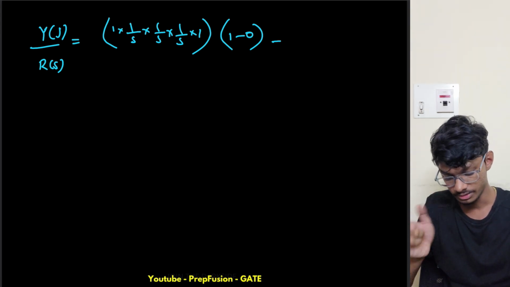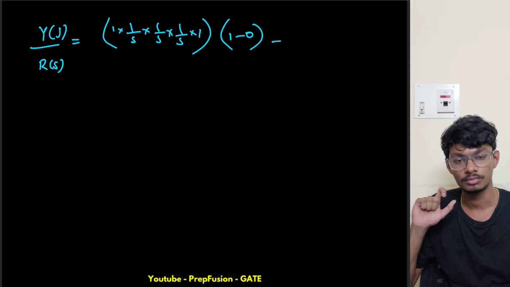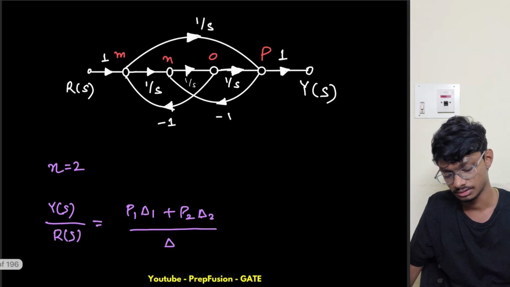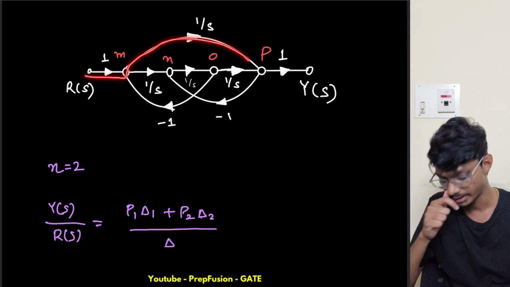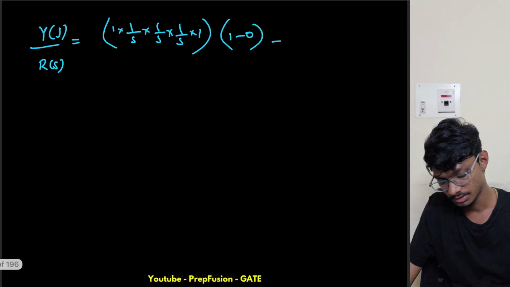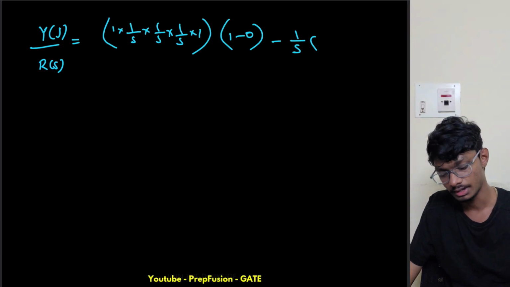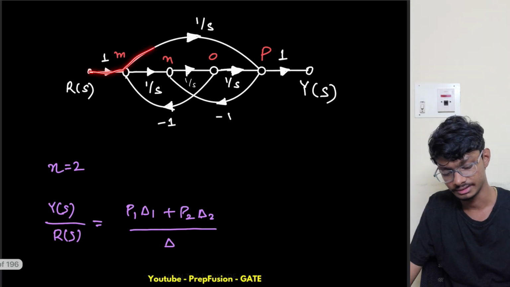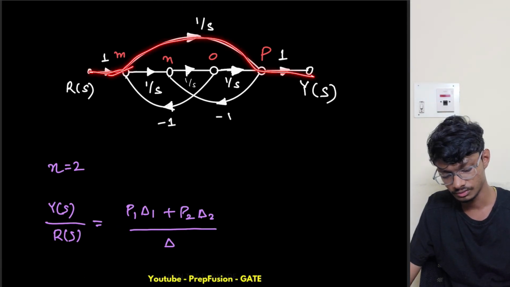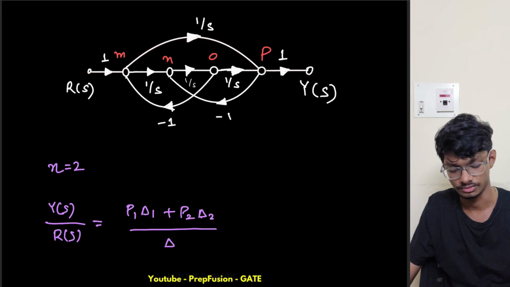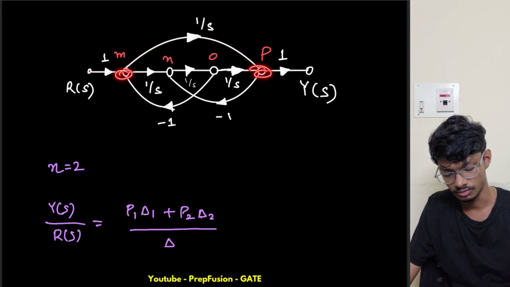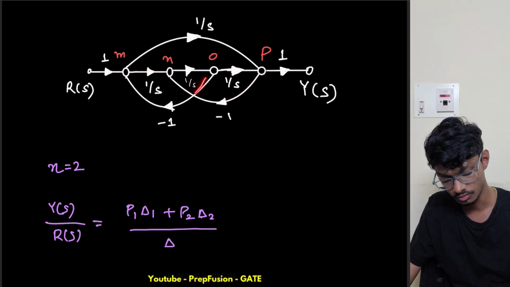Now I will find the loop gain for the second path. This one is 1 times 1 by s times 1, so this is simply 1 by s only. And are there any loops? I think there are, because this is going here. There are loops here also, because these 2 nodes are gone. So there is one loop here, one loop here, and another loop.